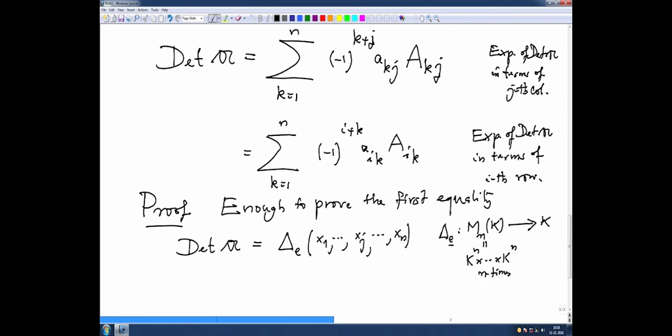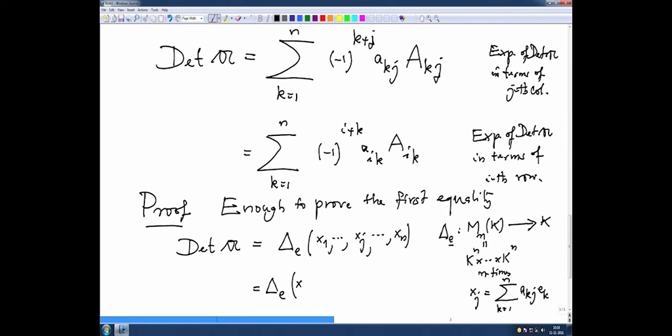So, in this I am going to put xj, the jth column of A. So, that is delta E, I am going to put xj. What is xj? Xj is therefore summation, running over k equal to 1 to n, a_kj e_k.